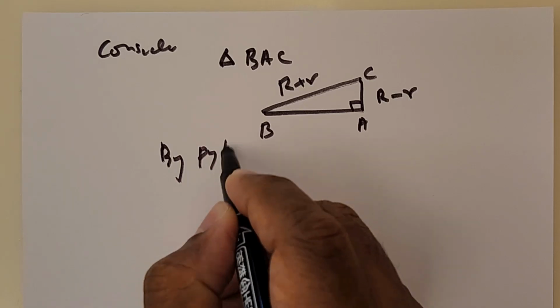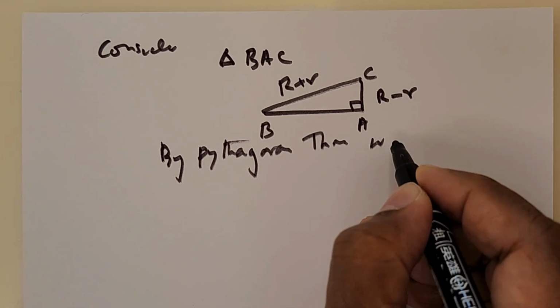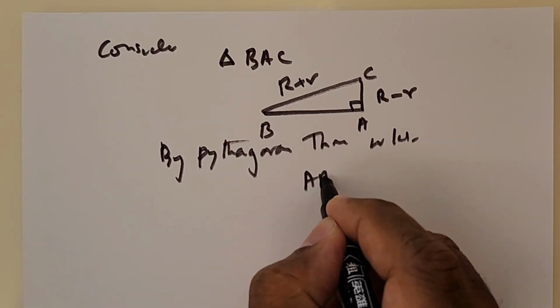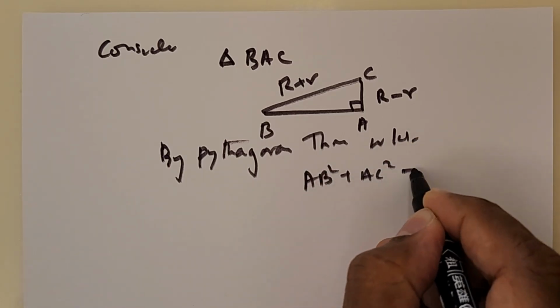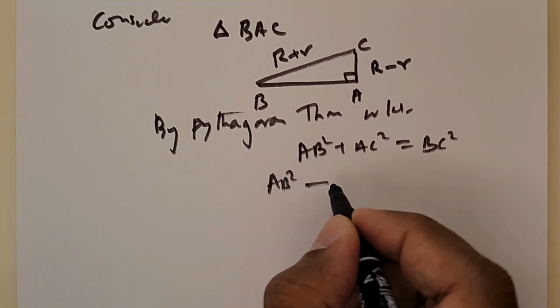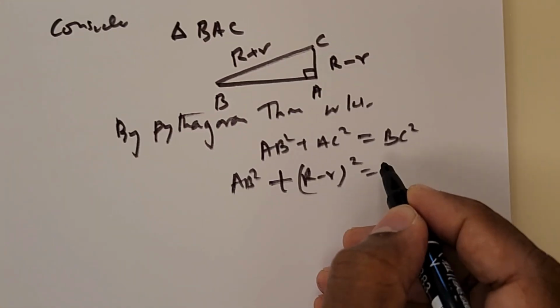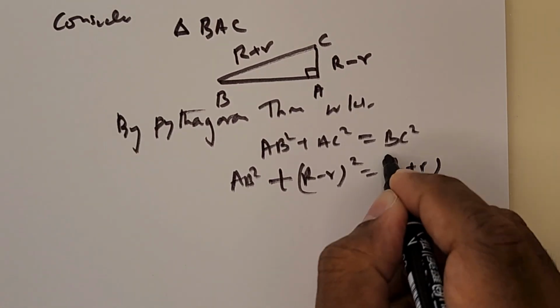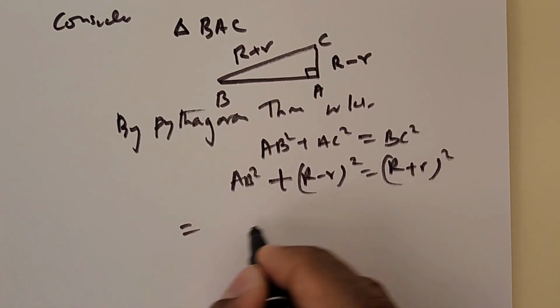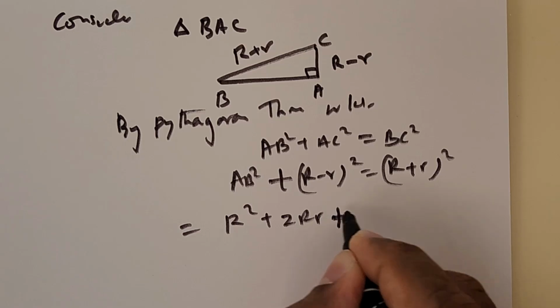So by Pythagoras theorem we know that AB squared plus AC squared is equal to BC squared. AB squared is required. AC squared is (R minus r) the whole squared. BC squared is (R plus r) the whole squared. You expand this, you get R squared plus 2Rr plus r squared.